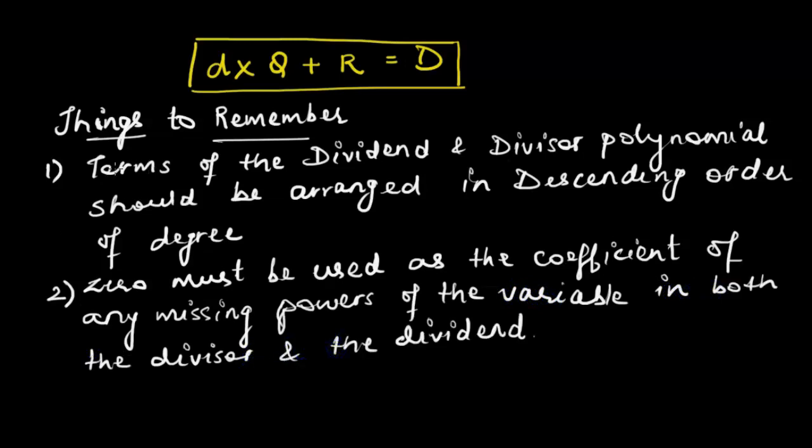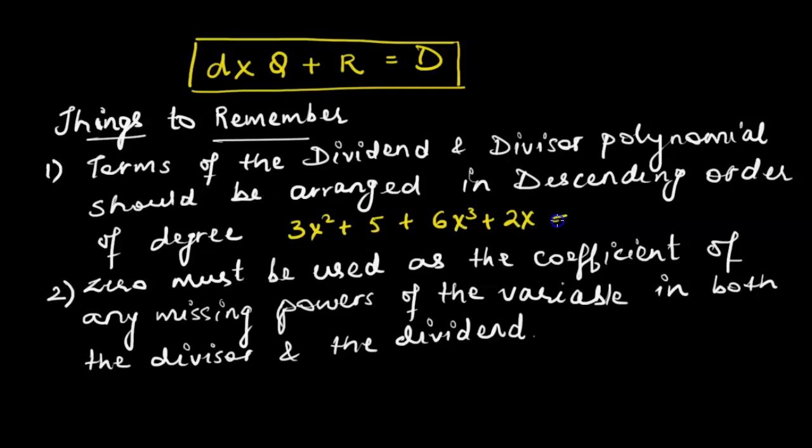Now the first thing means that whenever we are given a polynomial, be it a dividend or a divisor, let's say we are given 3x squared plus 5 plus 6x cubed plus 2x. This means the polynomial is not ordered according to the requirement of division.